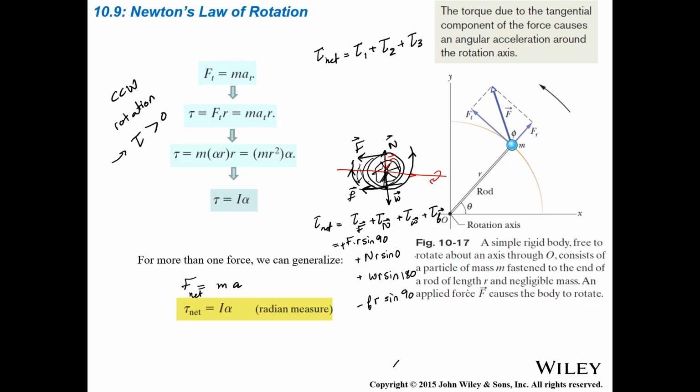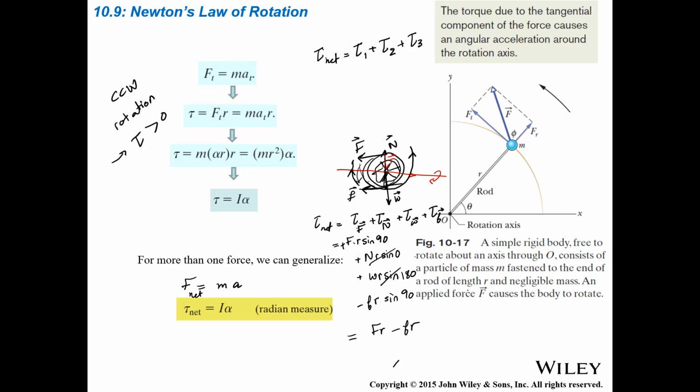So I associated a negative sign to the torque of the friction and a positive sign to the applied force. Does this make sense? One is making a clockwise rotation, the other a counterclockwise rotation. For the weight and the normal, these don't contribute to the rotation. So I'll get F R minus small f r.